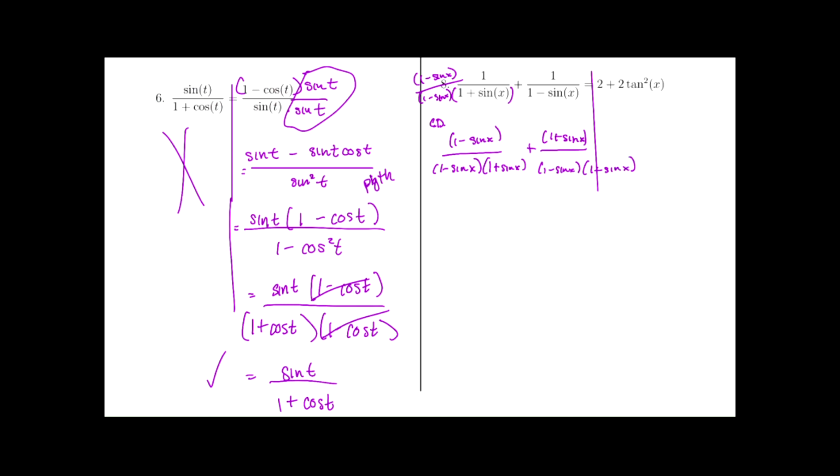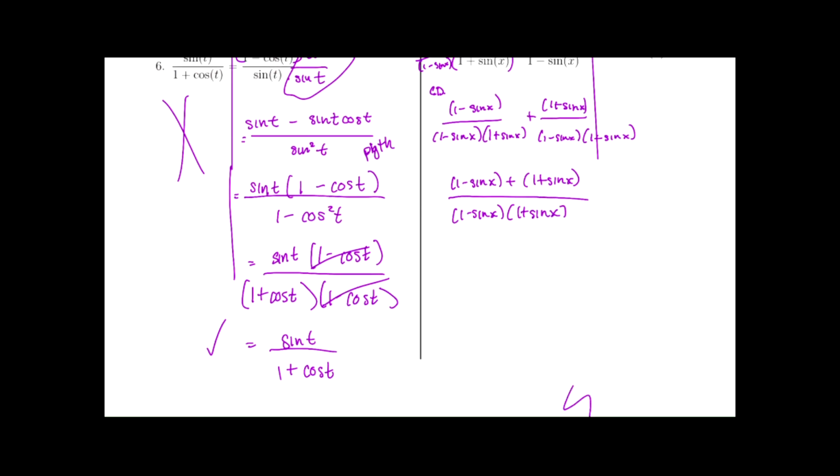So now I can combine those. So I have 1 minus sine x plus 1 plus sine x over that common denominator, 1 minus sine x, 1 plus sine x. All right, then you guys were with me on that last step where we had the difference of perfect squares factors like this. You can see that that's the factored form of the difference of perfect squares.